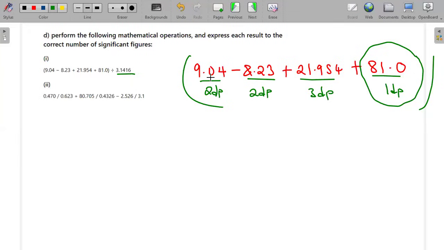So I have 9.04 plus 8.23 plus, oh, that is minus. No wonder I'm surprised. So that is minus 8.23 and then plus 21.954 plus 81.0.